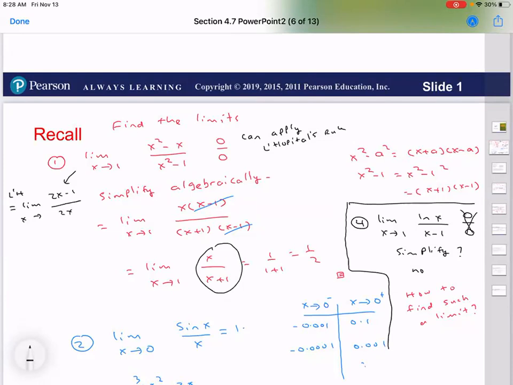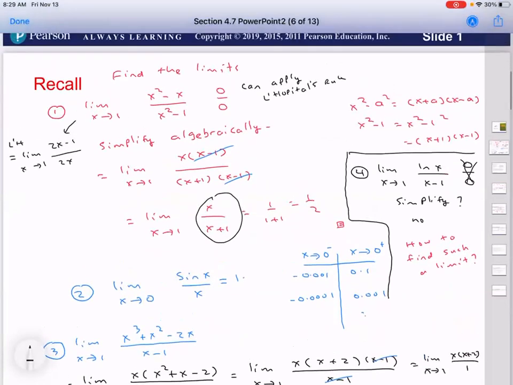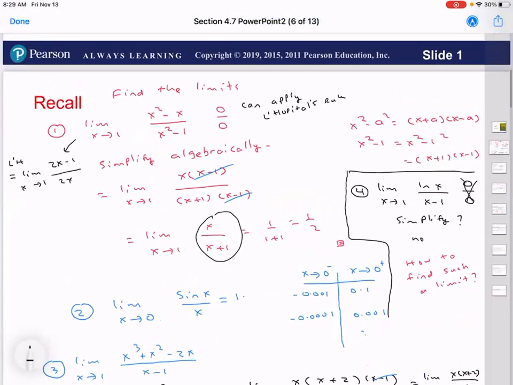In the bottom, it is 2x. Good. So that's what I was waiting for. That's what we get from L'Hopital's rule.